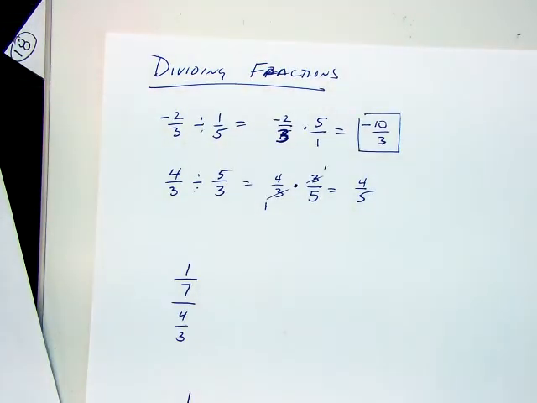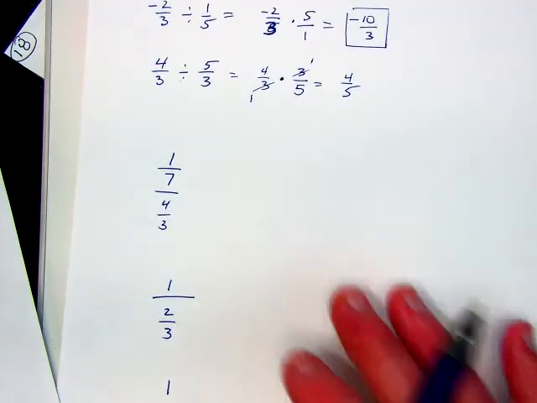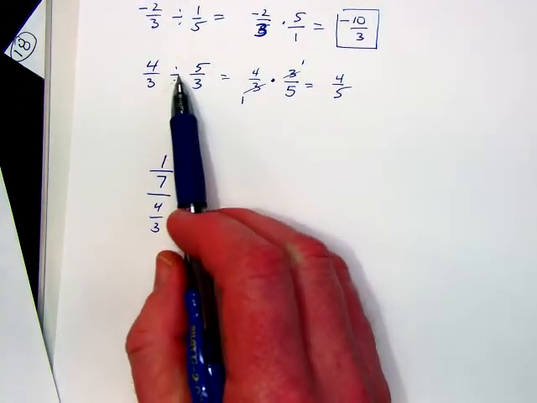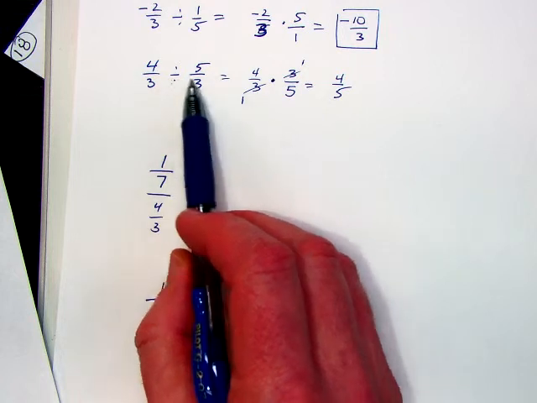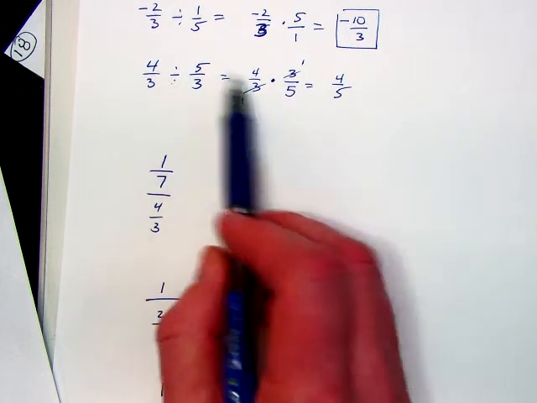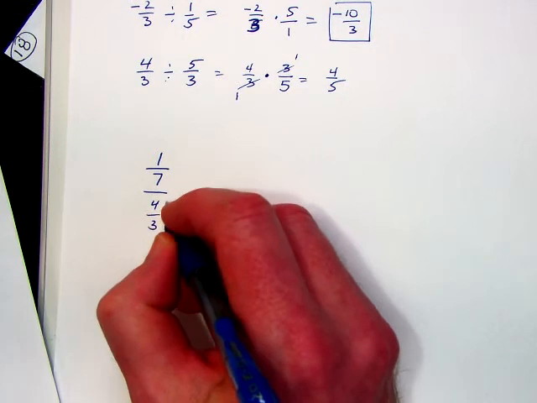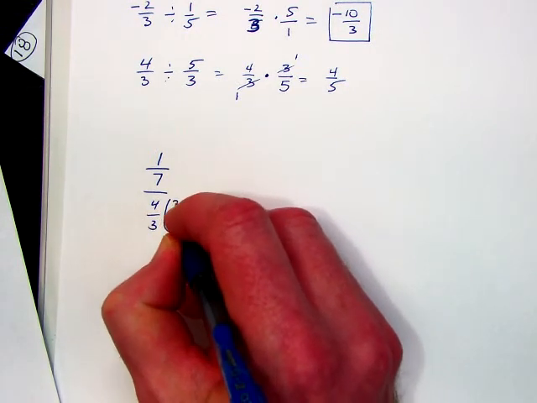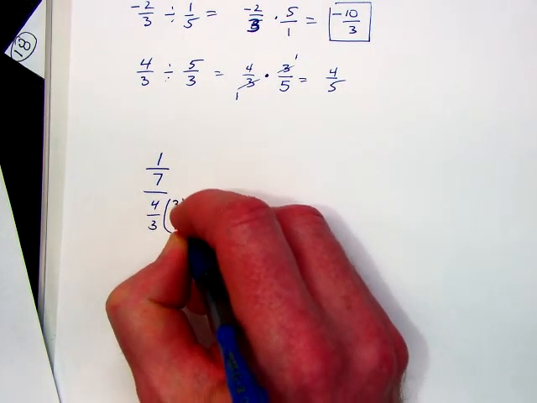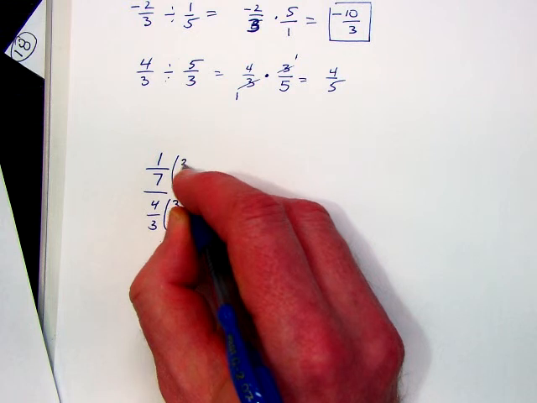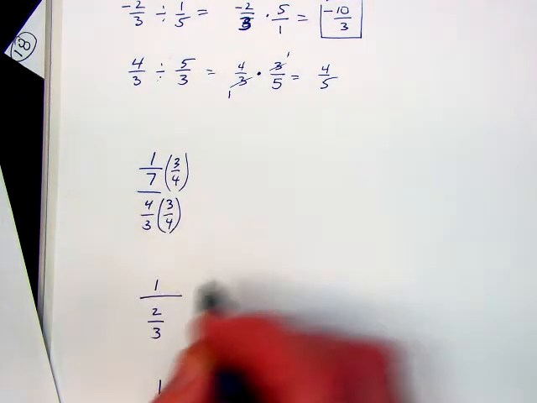Okay? All right, now when you get a fraction over a fraction, you're really doing the same thing because we change it to multiplying by the reciprocal. So I'm going to multiply by the reciprocal of the denominator, which is 3/4. But whatever I multiply the bottom by, I have to multiply the top by. And the reason I do that is now this is 1.